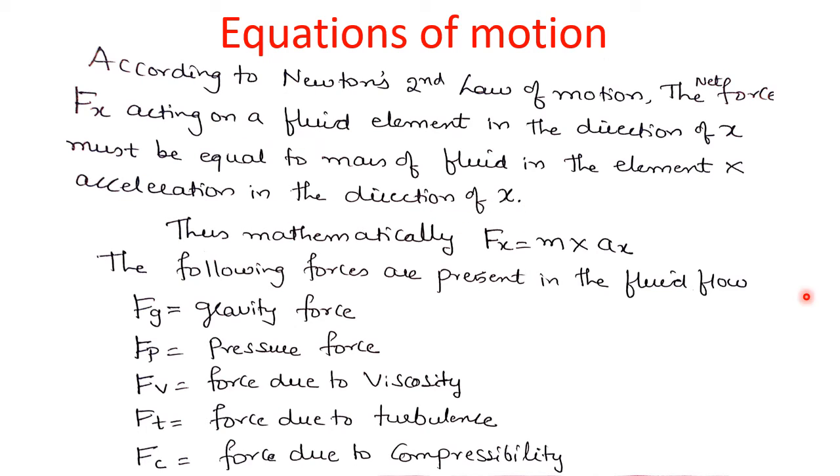How do we write this mathematically? Newton's second law of motion is F = m a, where x indicates direction. So Fx = m ax, where a is acceleration and x is the direction.